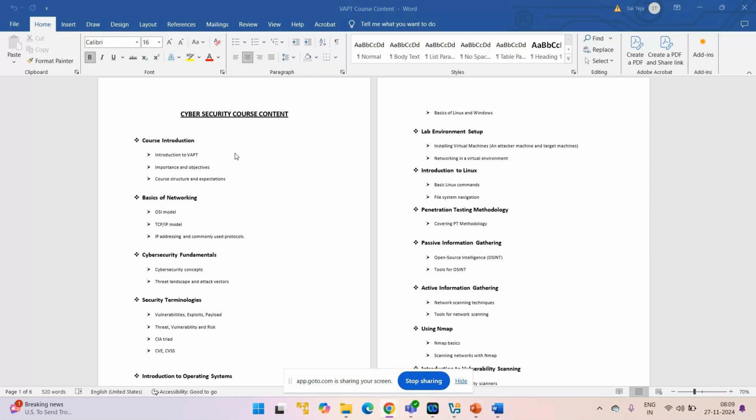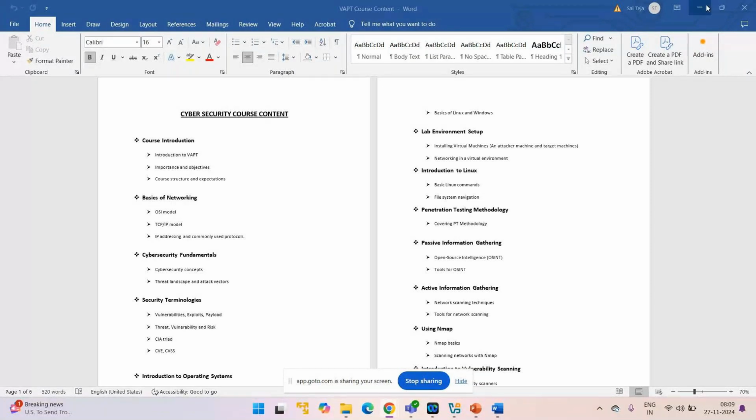So if you see these two pages, they have various topics starting from introduction, basics of networking, cybersecurity fundamentals, basic terminology, operating system, lab setup. All of these are prerequisites, so we are going to cover all the prerequisites before we get started into the course.